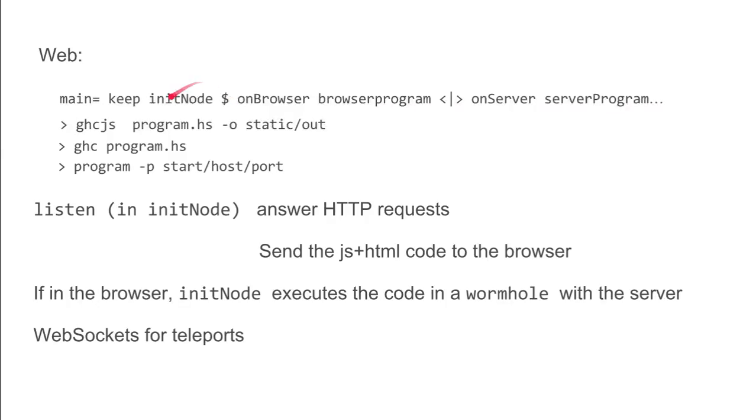But let's look at this. The great thing is that a Transient application can run both browser programs and server programs at the same time. On browser is a filter that only allows this to run in the browser, and on server only allows this to run in the server.